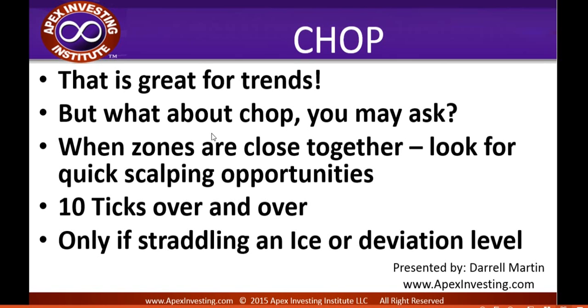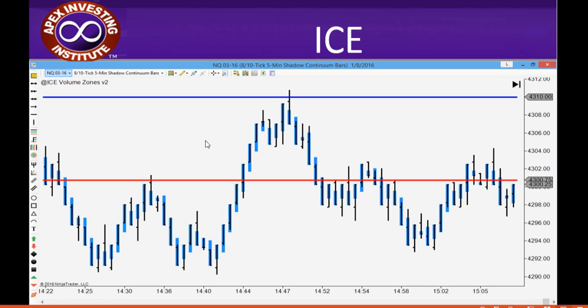Let me tell you about two other indicators that are on your template. We haven't talked about these yet, but one indicator is called the ICE indicator. Basically the indicator is these two lines here, a blue and a red line. ICE is spot on for acting like very powerful magnet levels, historical magnet levels.